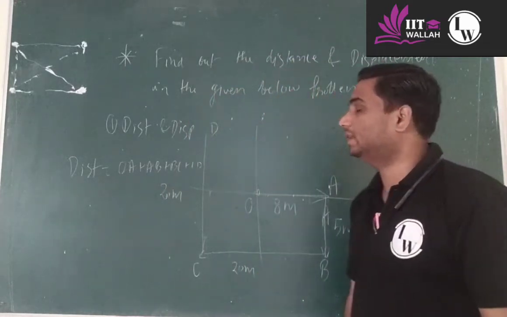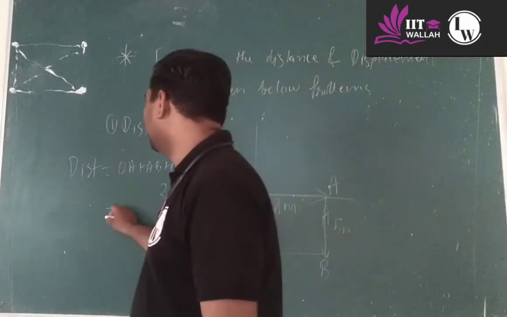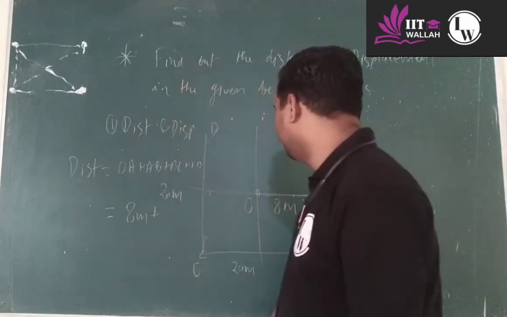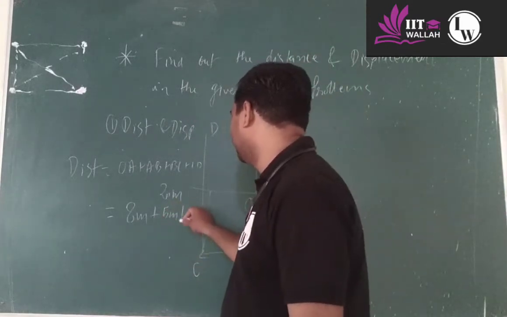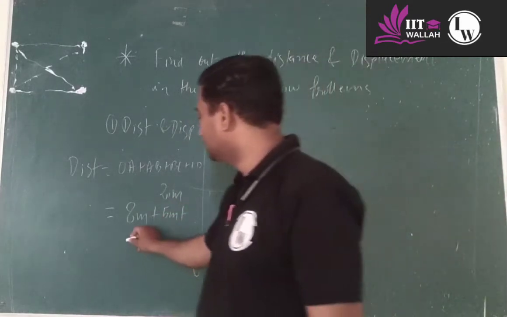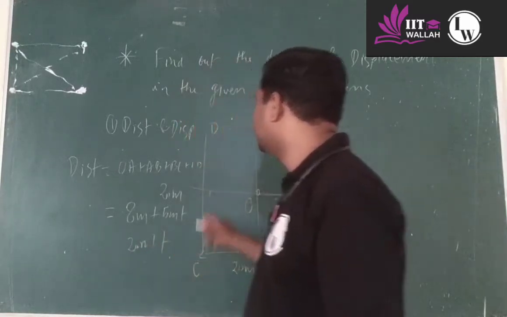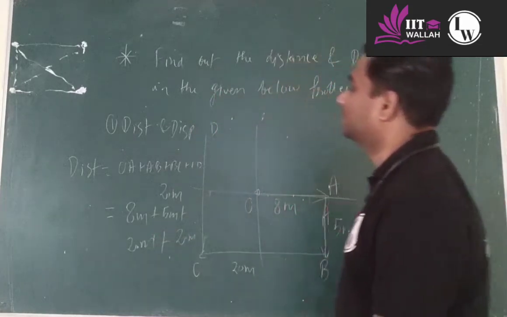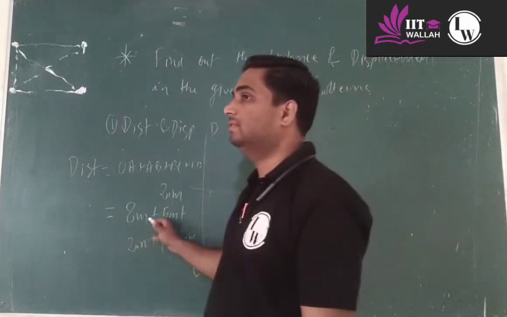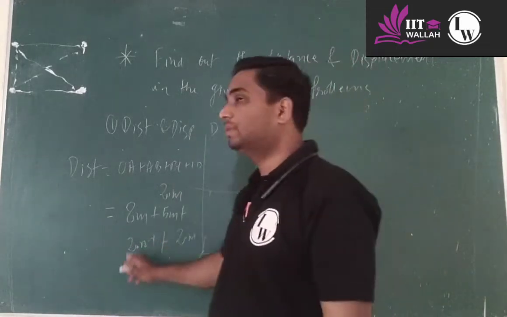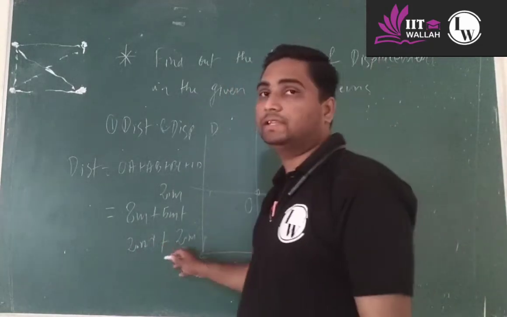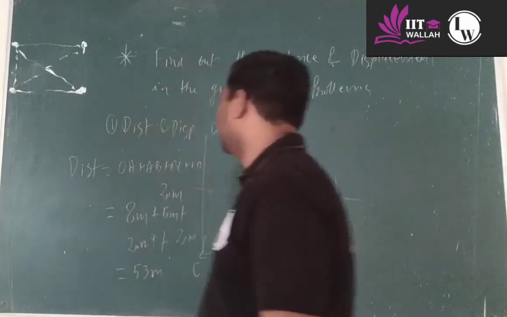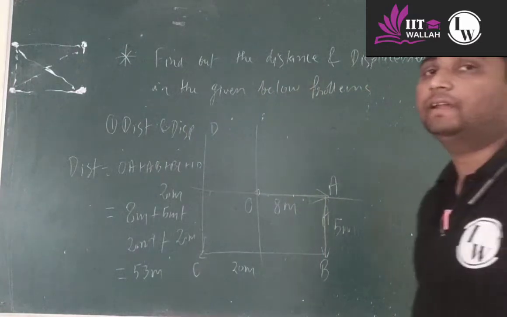OA is 8 meters, AB is 5 meters, BC is 20 meters, and CD is also 20 meters. Adding up: 8 plus 5 is 13, 13 plus 20 is 33, and 33 plus 20 is 53 meters. Now you have to find the displacement.